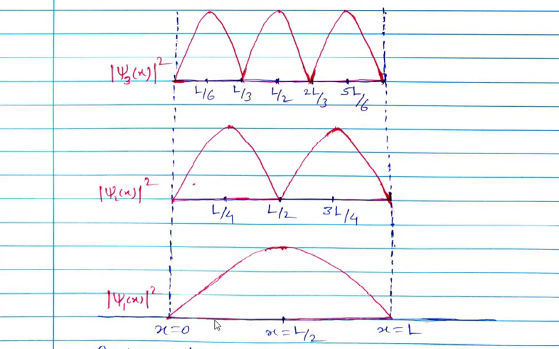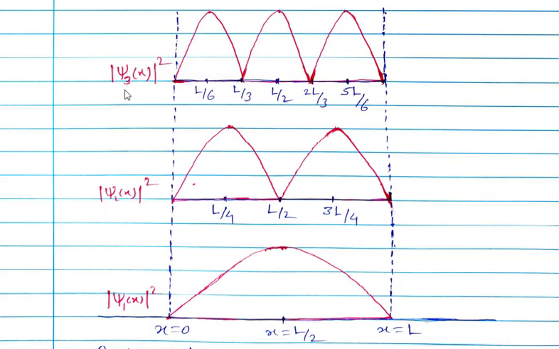At these different values of x, the ground state probability density function will vary like this. Its amplitude will be maximum at x equal to L by 2. But if the particle is in the first excited state, at L by 2 the probability density comes out to be 0. Its value will be maximum at two values of x, which correspond to the L by 4 position and 3L by 4 position.